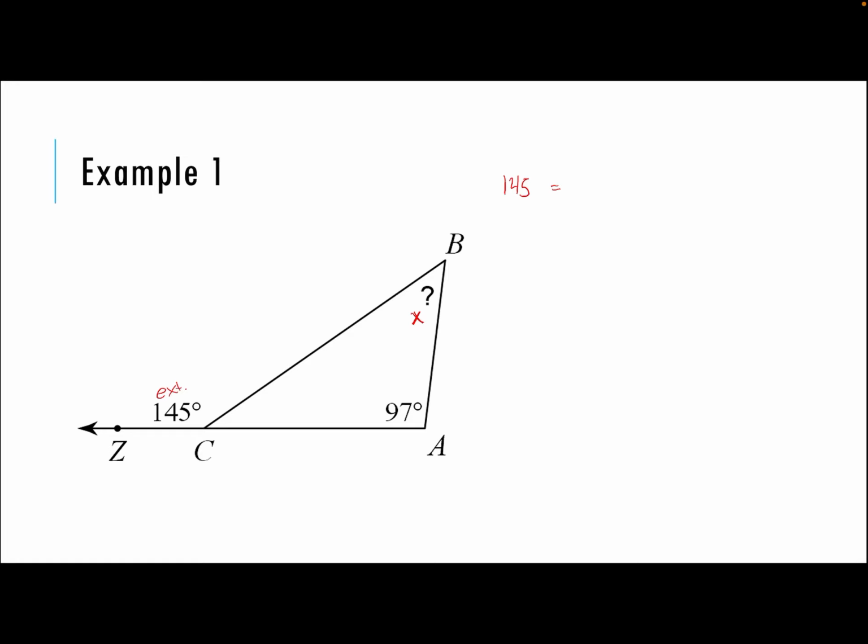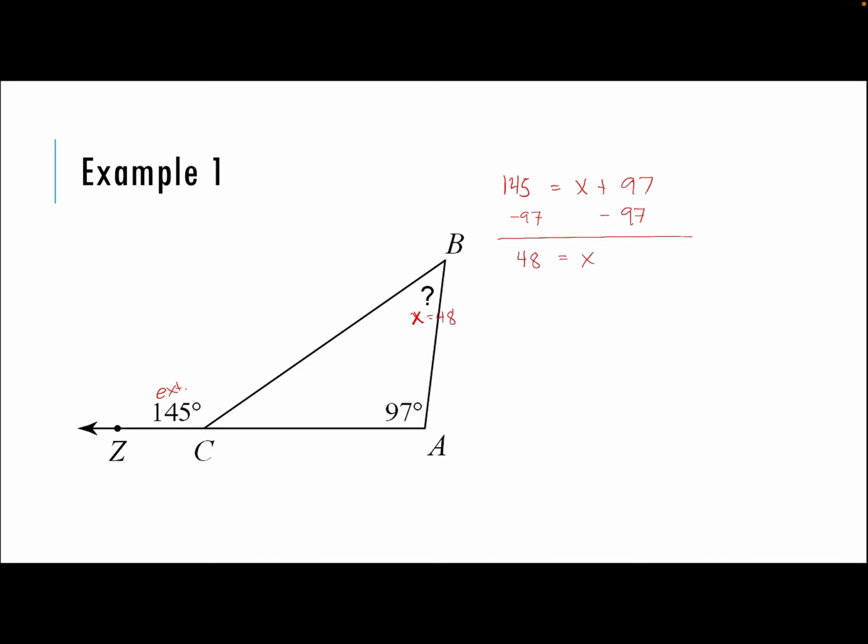So 145 is equal to x plus 97. And if we subtract 97 from both sides, what we're going to get is 48. So 48 is equal to x. So if x is 48, so 48 plus 97 is 145.